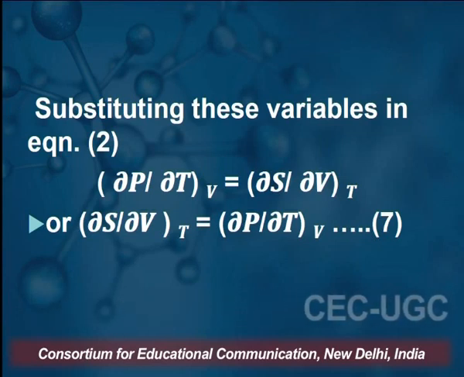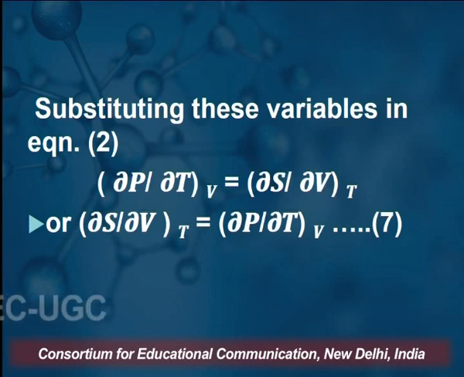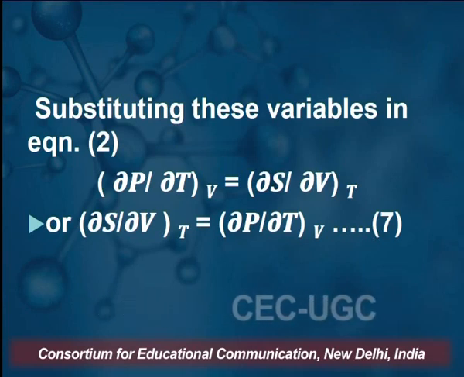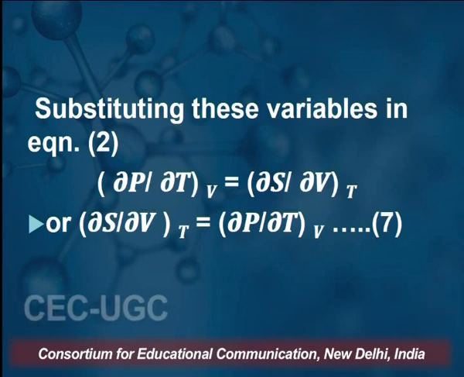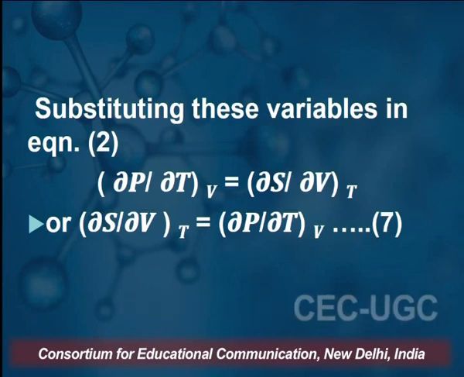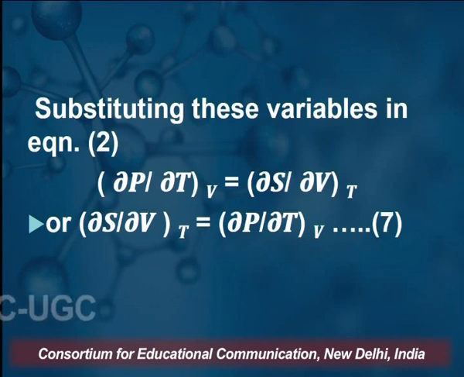This is the second Maxwell's relation, and please take care. Delta p by delta T is appearing in the denominator on the right hand side, and therefore on the left hand side, the constant parameter is T. On the left hand side, in the denominator we have delta V, it means volume.